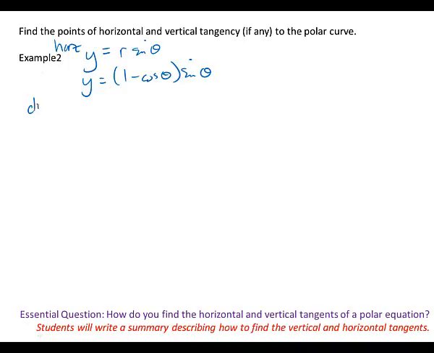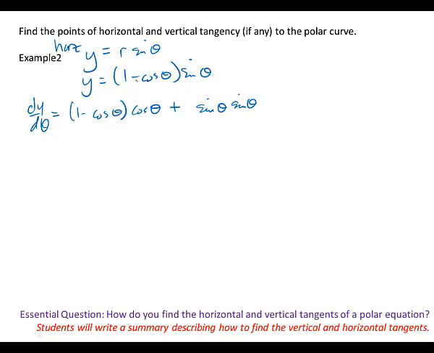Okay, so dy d theta equals, keep the first, right? So 1 minus cosine theta. What's the derivative of the second? Cosine theta. Plus, I keep the second, sine theta. What's the derivative of the first? It's going to be sine theta, right?